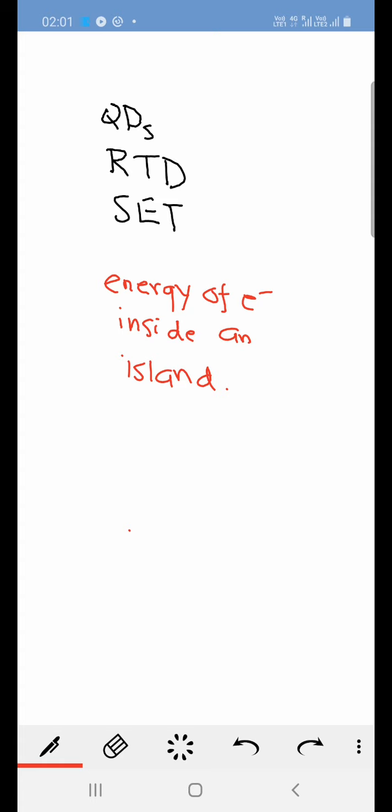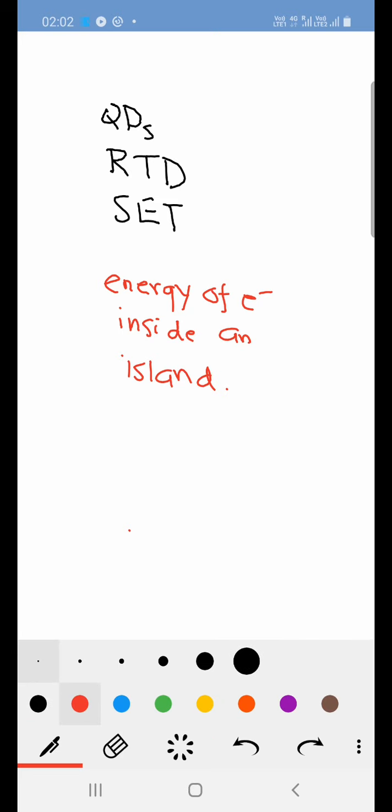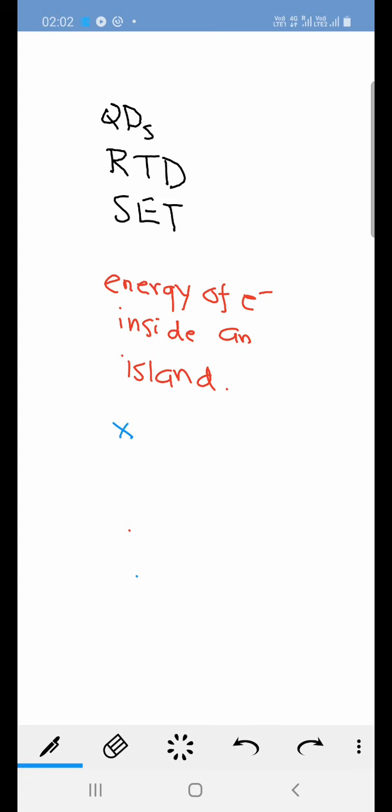Now, to begin with, since an island may have different dimensions along each side, x, y, and z, the electron's energy levels may be quantized separately in each direction. So, you can have three directions, x, y, and z. Quantization in these three directions will be different with a gap of, let's say, delta epsilon x, delta epsilon y, and delta epsilon z.